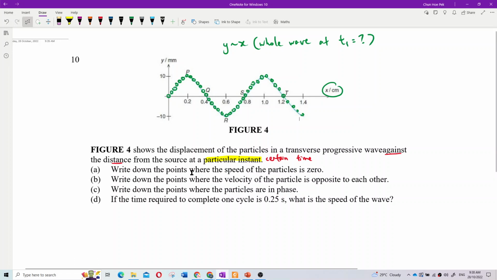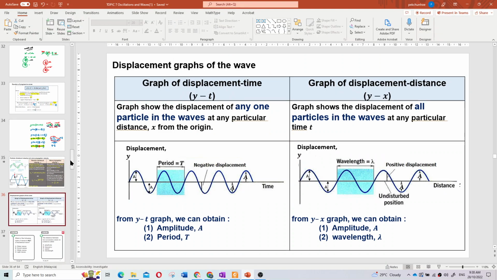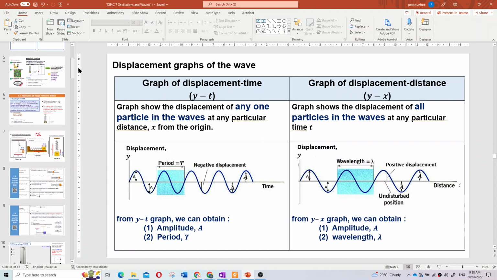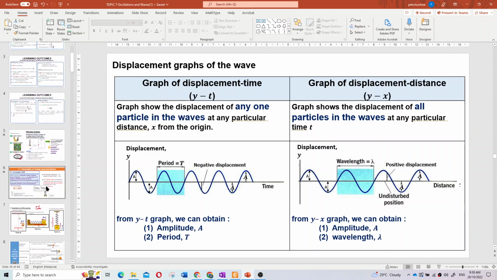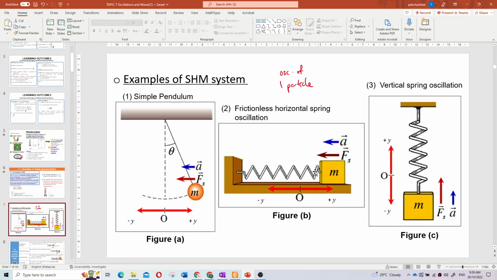Now, write down the points where the speed of the particles is 0. As I told you, all of these particles are oscillating. We learned before in simple harmonic motion, with the block oscillating up and down.